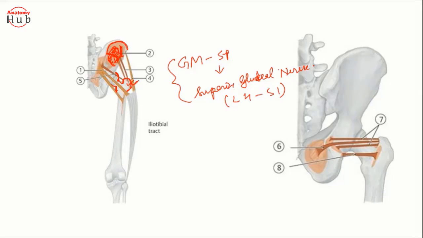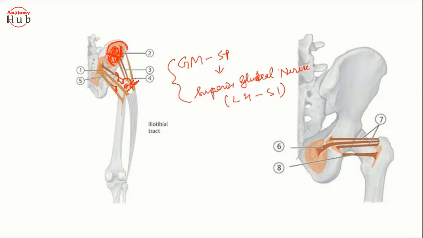The gluteus medius takes insertion at the lateral surface of the greater trochanter, but the gluteus minimus takes insertion at the anterior and lateral surface.